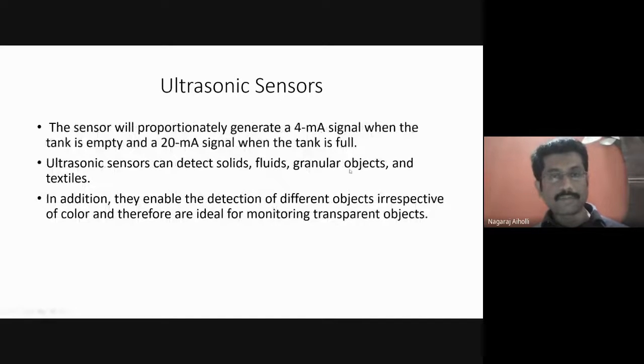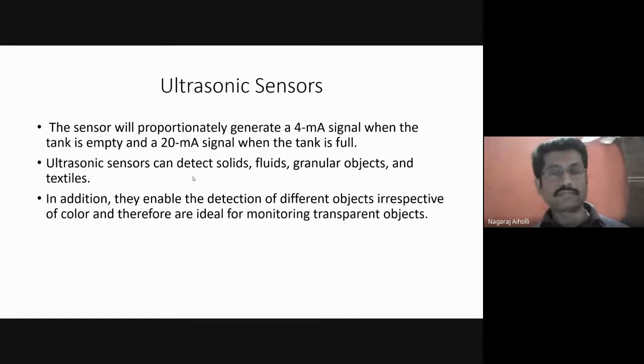The sensor will proportionately generate a 4 milliampere signal when the tank is empty and a 20 milliampere signal when the tank is full. These ultrasonic sensors can detect solids, fluids or liquids, granular objects, textiles. They are able to detect different objects irrespective of their color, and hence they are ideal for monitoring transparent objects.